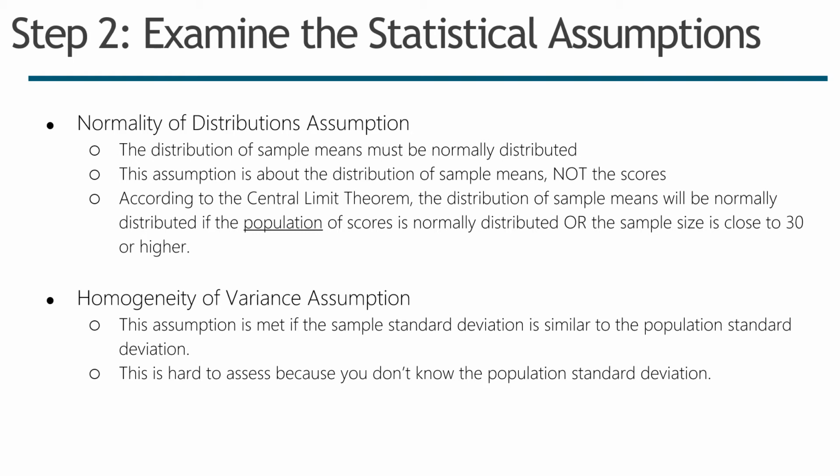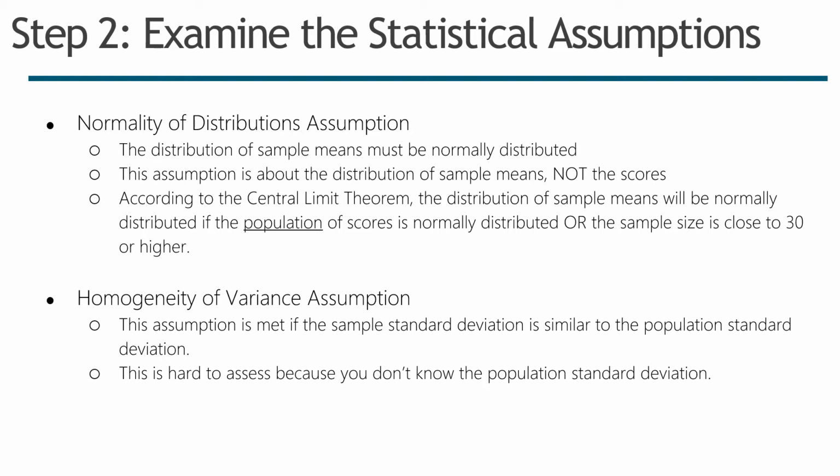Our next assumption is normality of distributions. And this assumption states that the distribution of sample means must be normally distributed. This is often confusing because people want to look at the individual scores from their data set and assume that those need to be normally distributed, and that's not what the assumption is. It's that the distribution of sample means must be normally distributed.